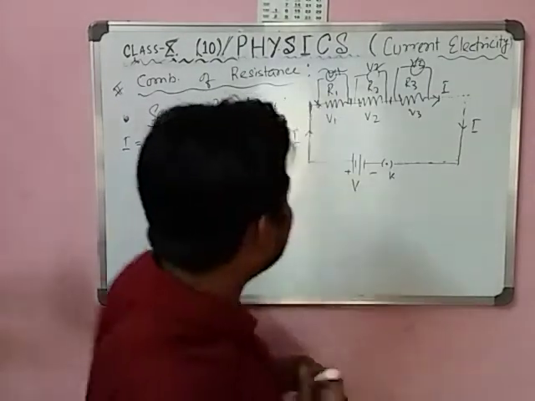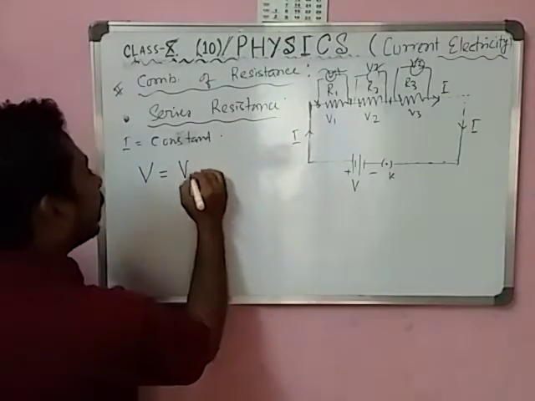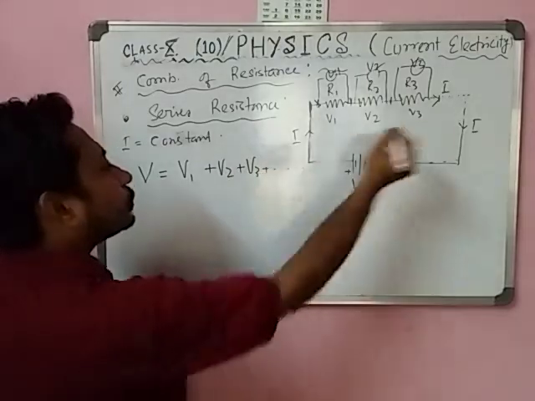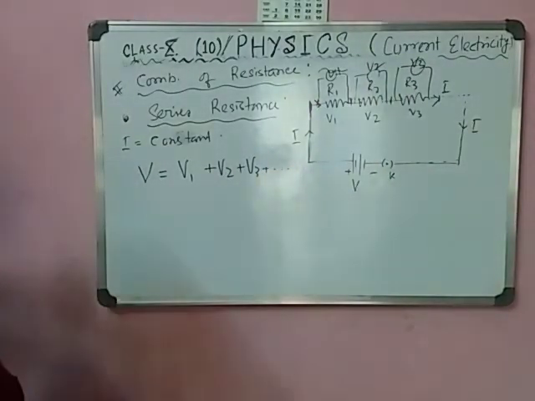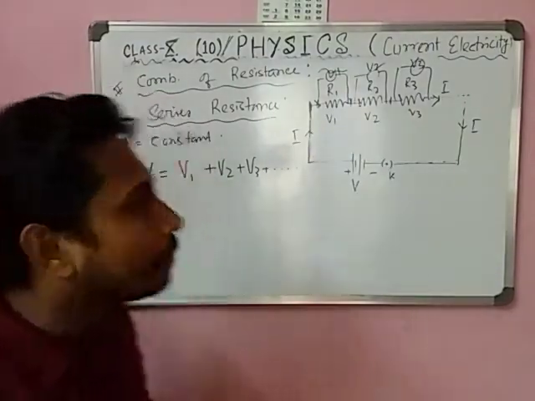So from the potential differences we can write total V is equal to V1 plus V2 plus V3 and so on. We choose potential, not current, because here the potential changes.